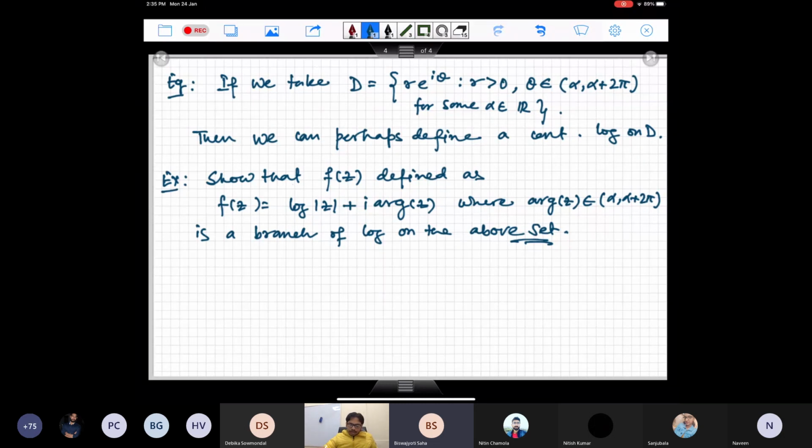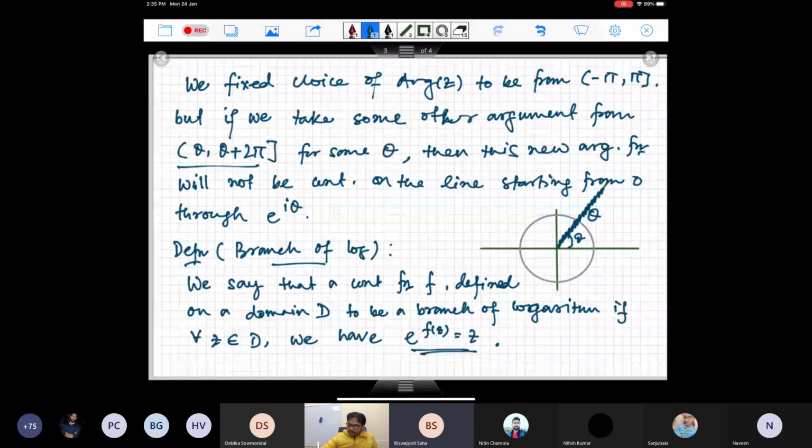What the proof involves is that if you take any other point in this picture which is not on that line, you will always be able to find a small neighborhood, a ball around that point, which is completely inside your domain. It's not going to intersect that line.